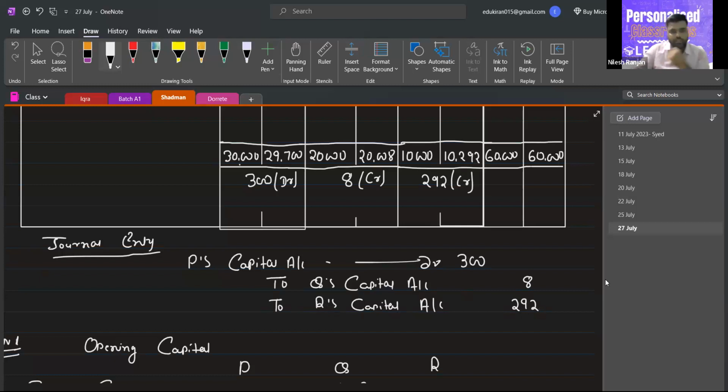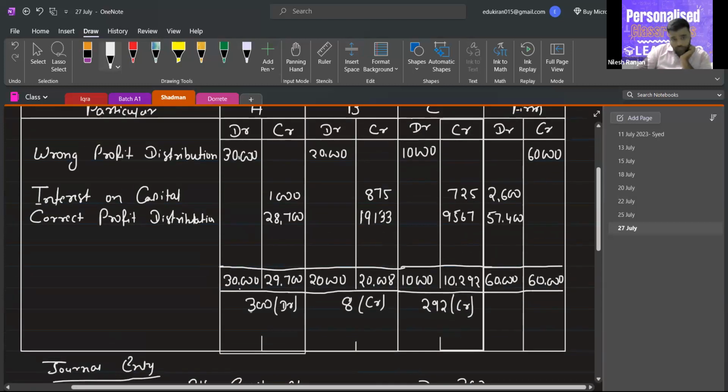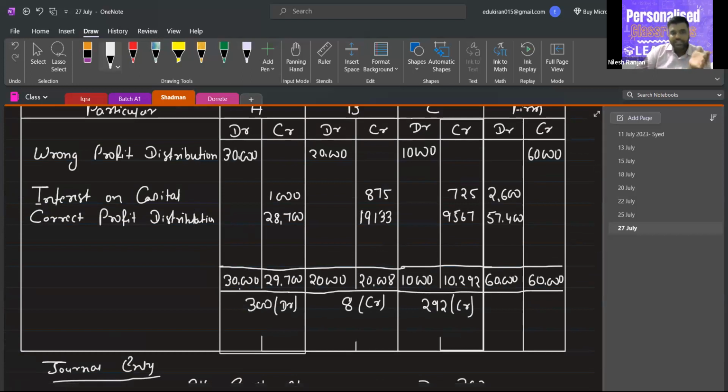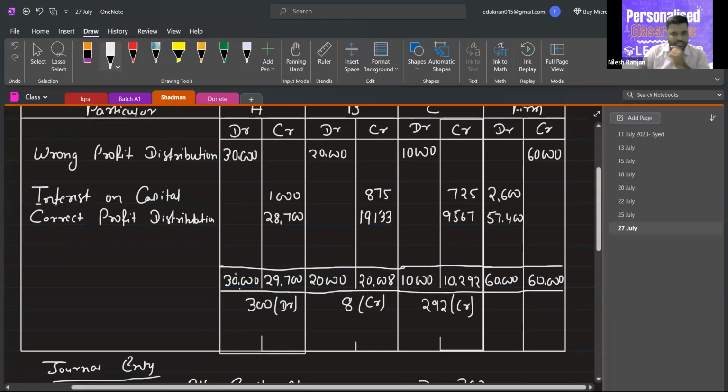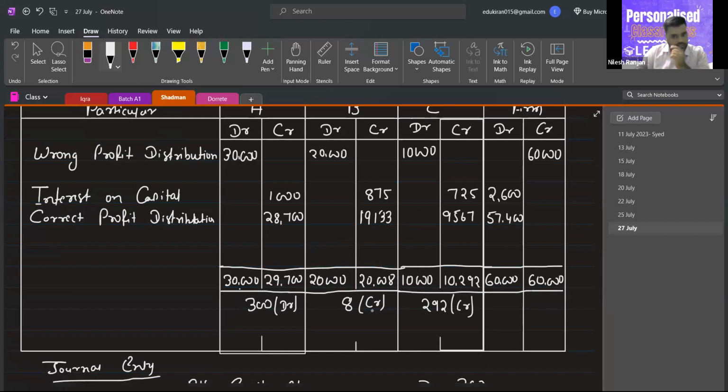Yes. Actually, I have calculated the difference here, and at the time of calculating difference, I have written the side which is higher. So 30,000 on the debit side is higher. So debit. 20,008 rupees is higher on the credit side. So credit here, and 10,292 is higher than 10,000. So credit. After that, the debit and credit will decide our partner's capital account, which will be debited or credited.